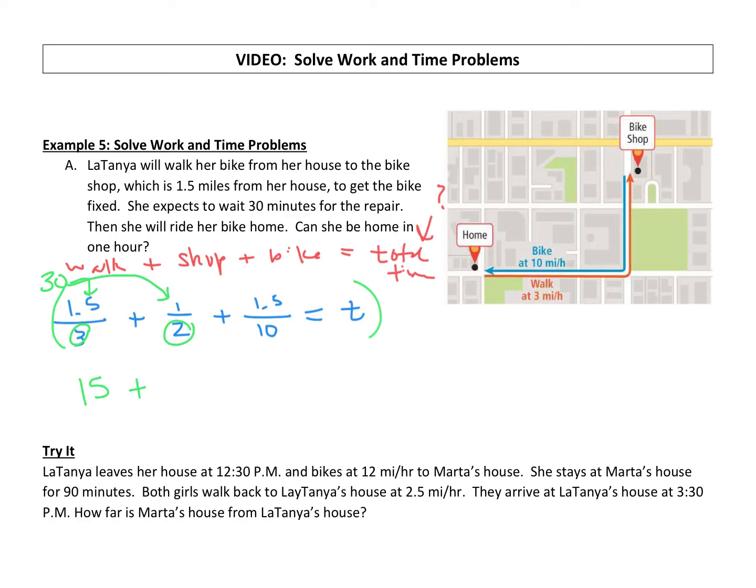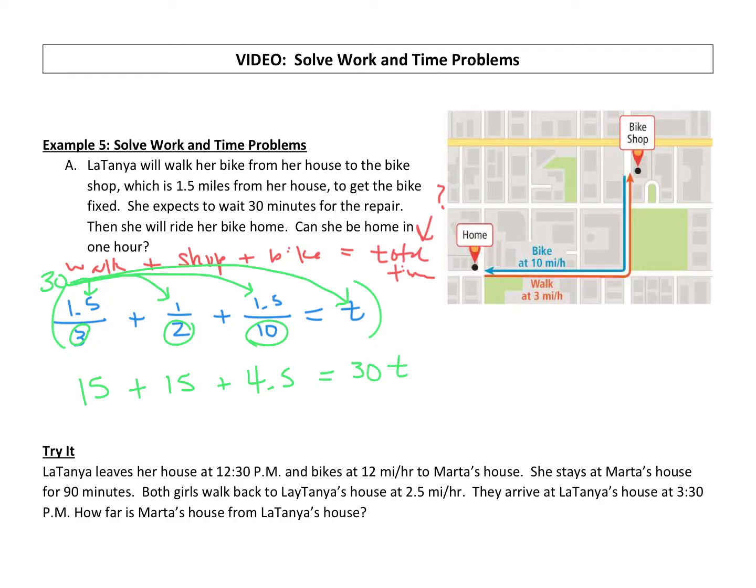Divide it by 2. 30 divided by 2 is another 15. Now again, 30 times the top number. 30 times 1.5 is 45. 45 divided by 10 is 4.5. And we can't forget the 30 also gets multiplied to the T, 30t.